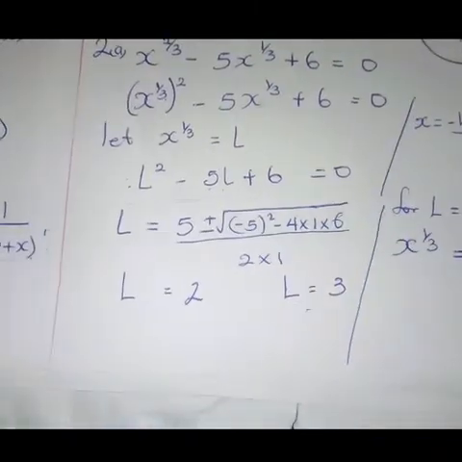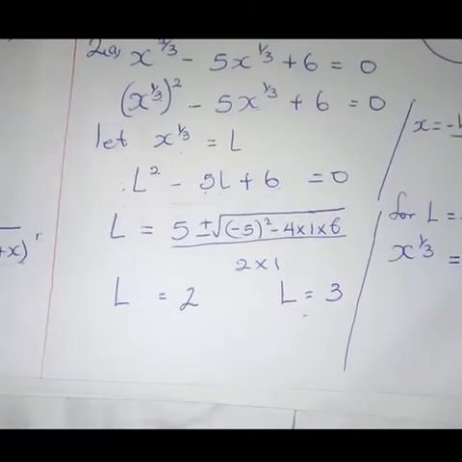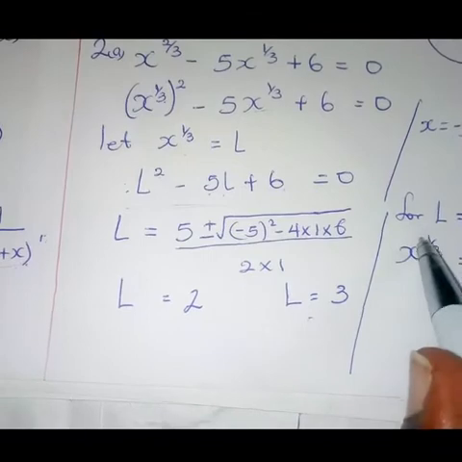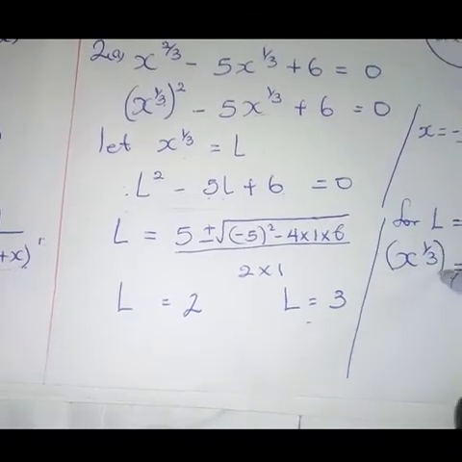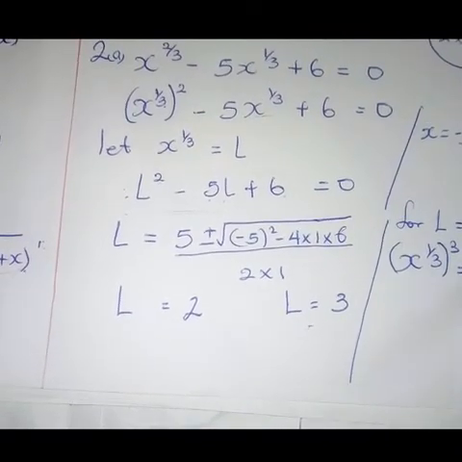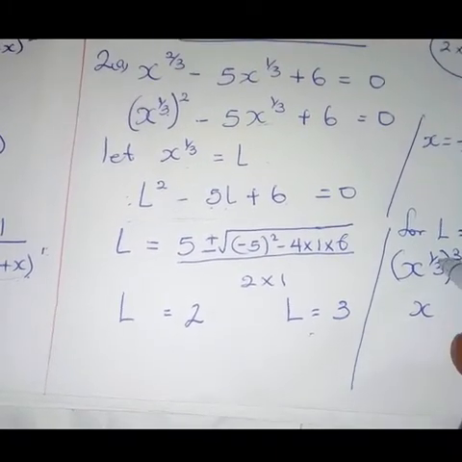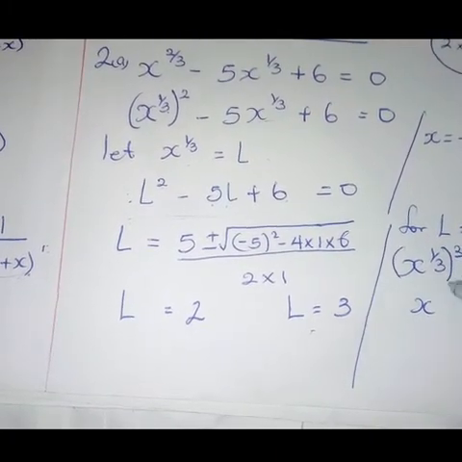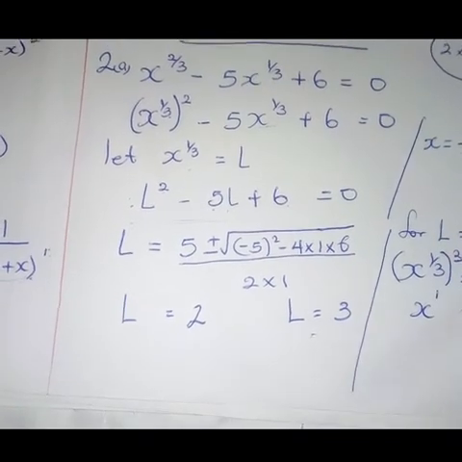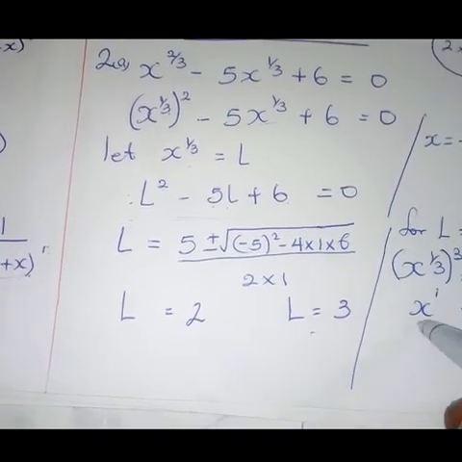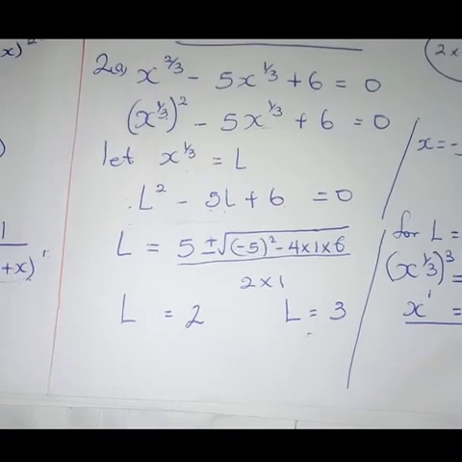So now how do I deal with this? My aim will be making this power 1, so meaning that I'll cube both sides. So x, when I multiply a third times 3, it will be giving 1, which is equal to 8. So that is the first value of x.